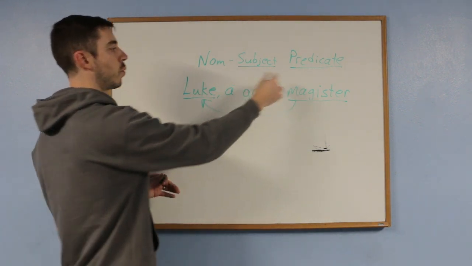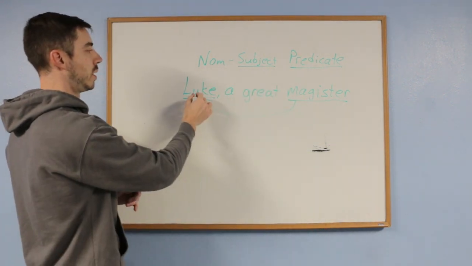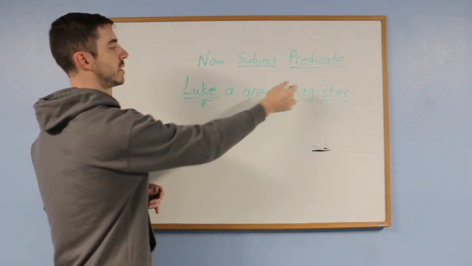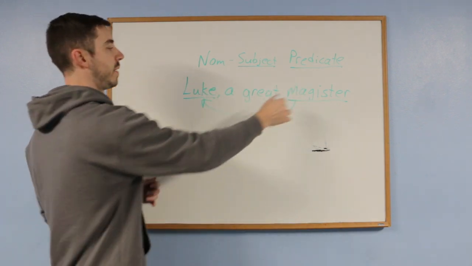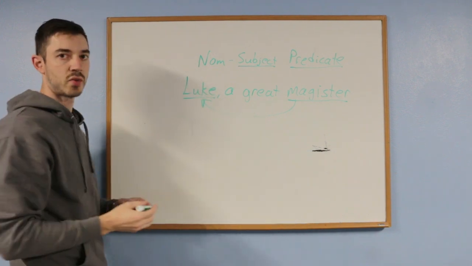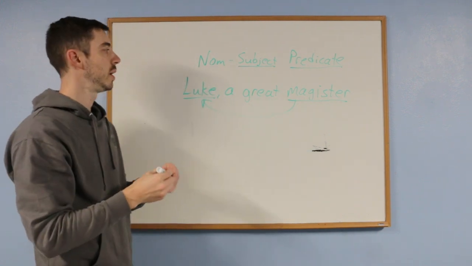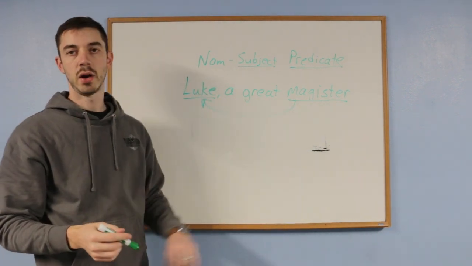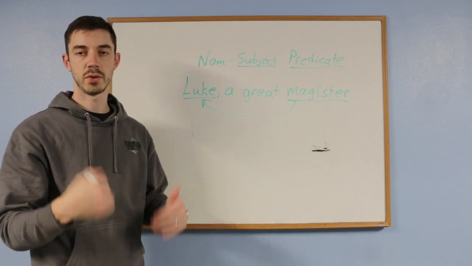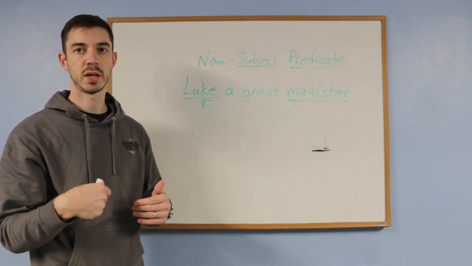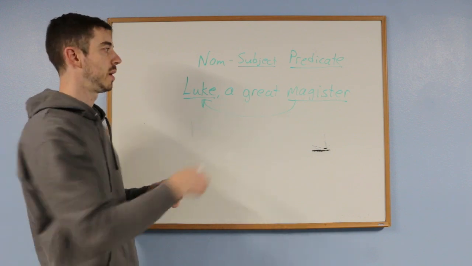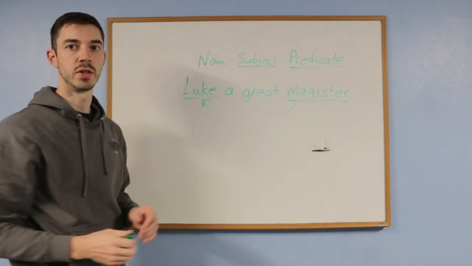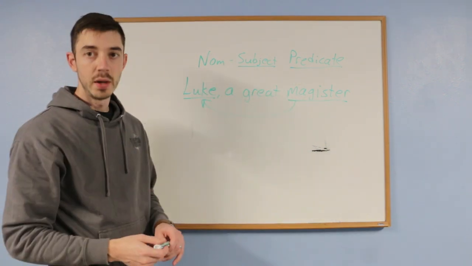And so it's another word for the subject. So we could say Luke is a magister, and this is a predicate describing the subject. And so a subject and a predicate are basically doing the same thing in the sentence. You could almost think of them both as subjects, but the predicate is describing the subject.